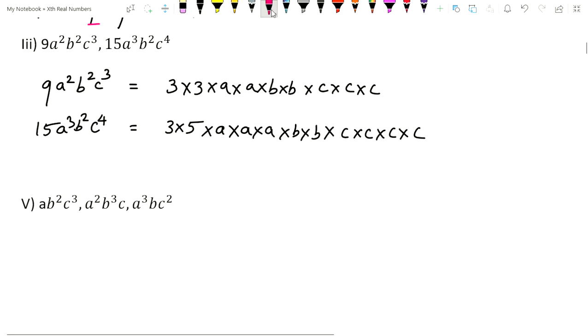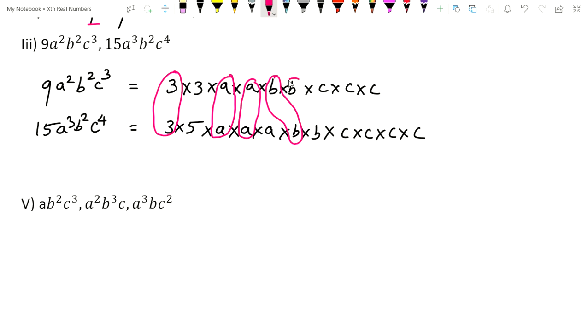See here, which is common? 3 is common, 3 is present in both the terms. Then a, here another a. Next b. Then c.